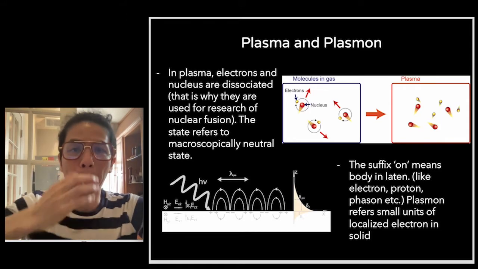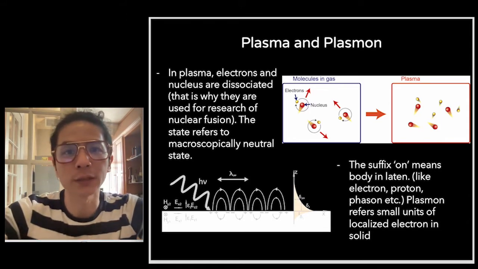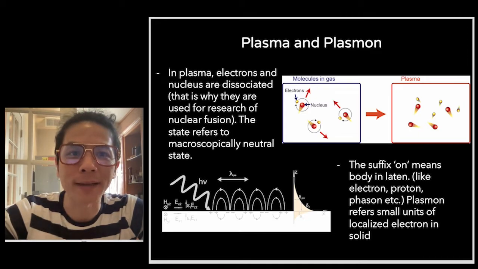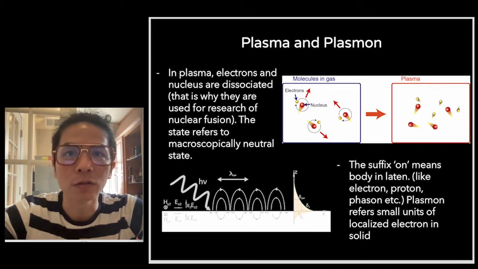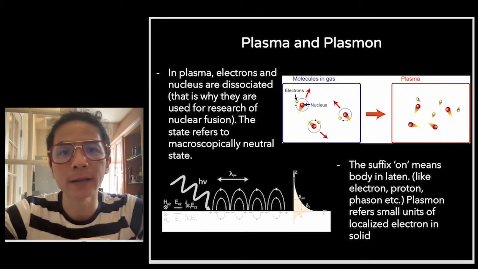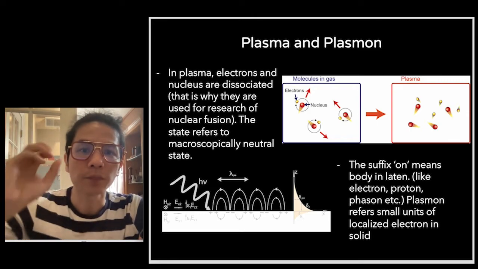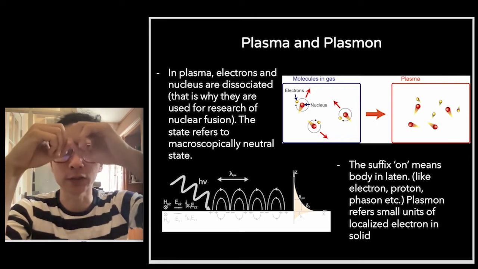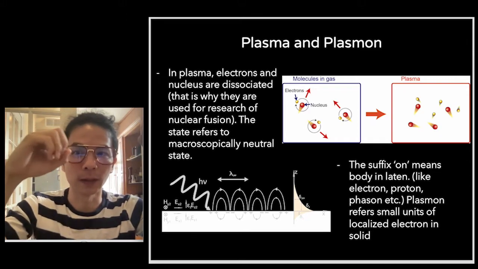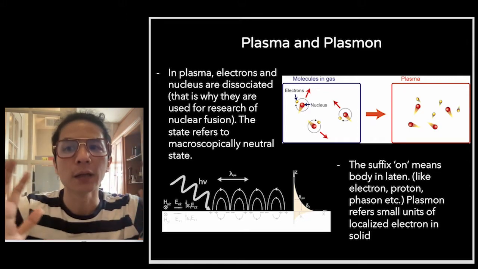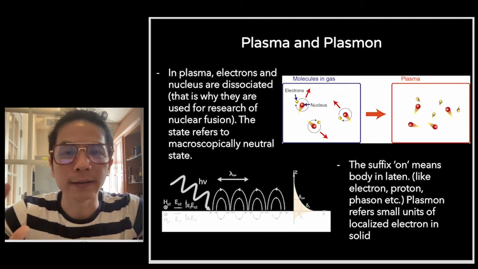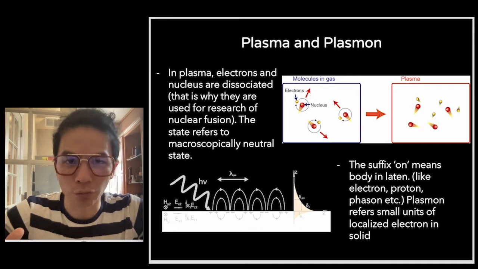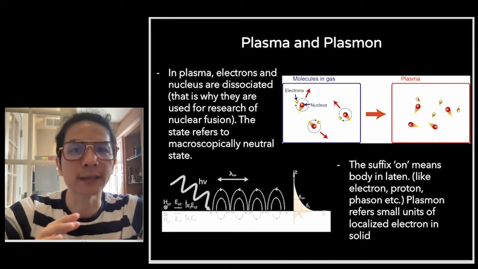And so now with this knowledge, we can understand what is plasma and plasmon. Plasma is not limited to metal. Basically the idea of plasma is the state where electrons are dissociated from the nuclei of the atoms. But if you see it macroscopically, they are electrically neutral.